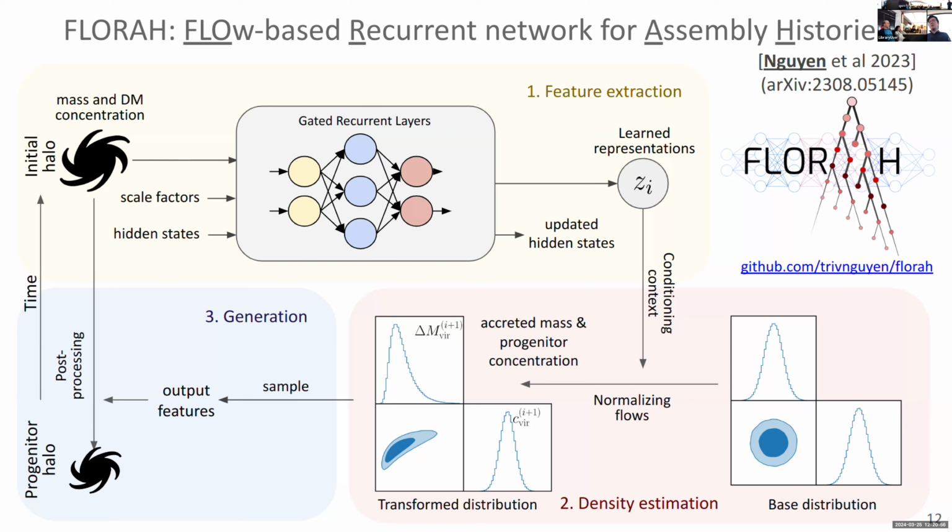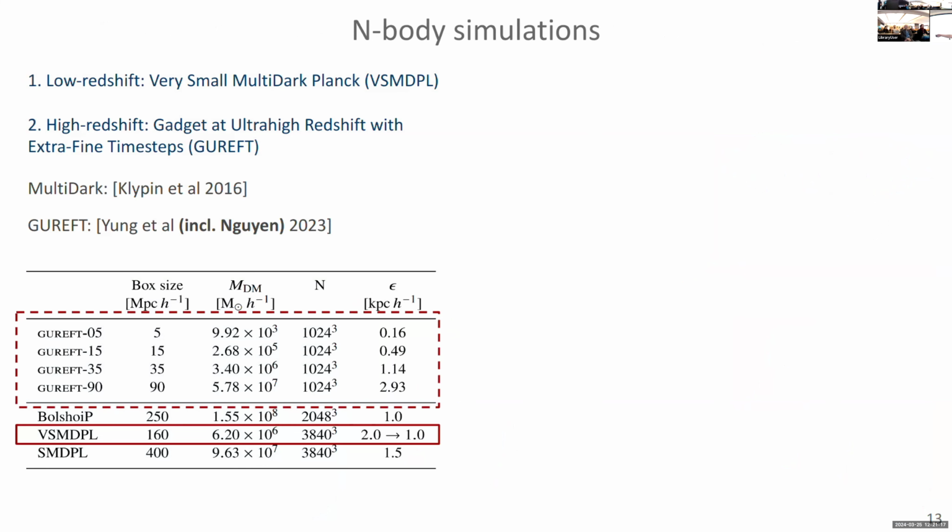Your training simulations only have about 5 snapshots, but the output can have a finer time cadence, because the way we do it helps approximate a smoother function. Yeah.